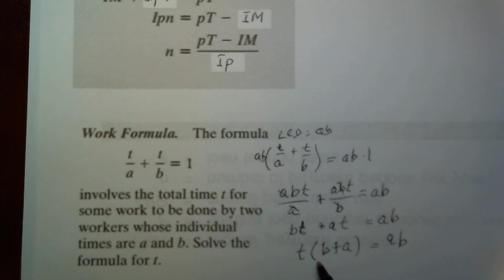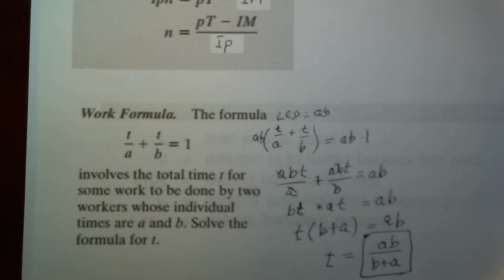Now we divide both sides by B plus A to isolate T. So then T is equal to A times B divided by B plus A. So here we divided both sides by the expression b plus a to isolate t, and so the final answer is t equals ab divided by b plus a.